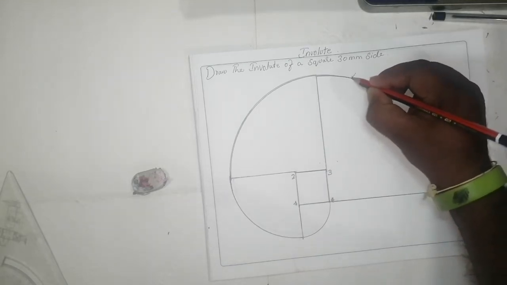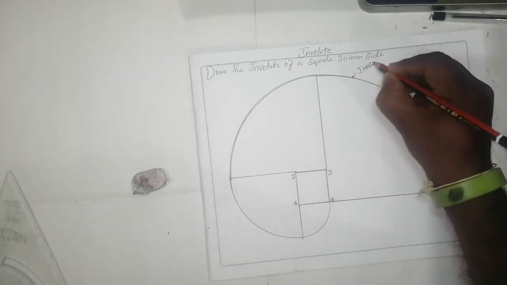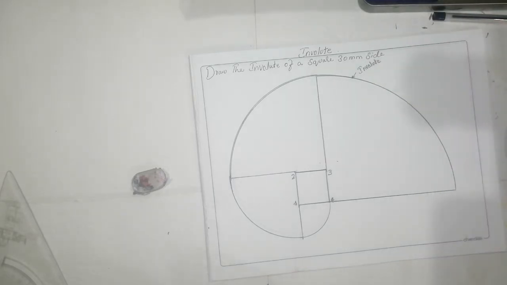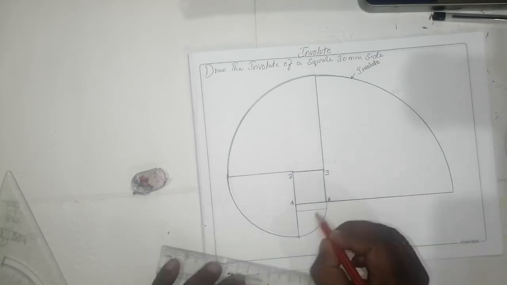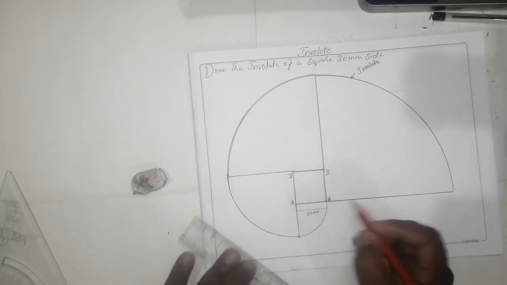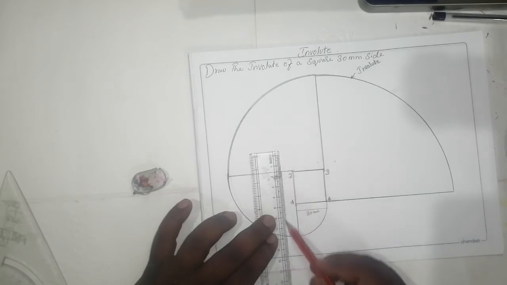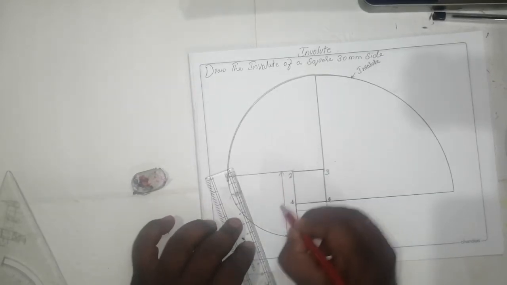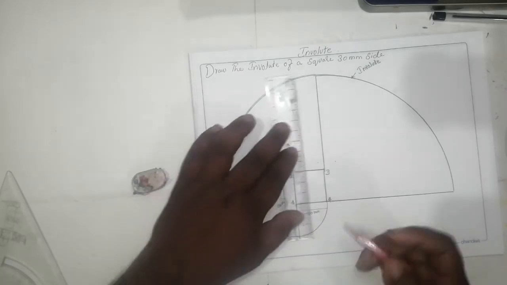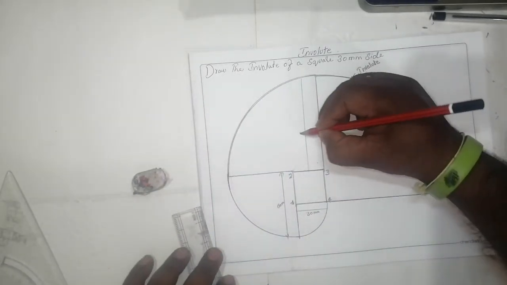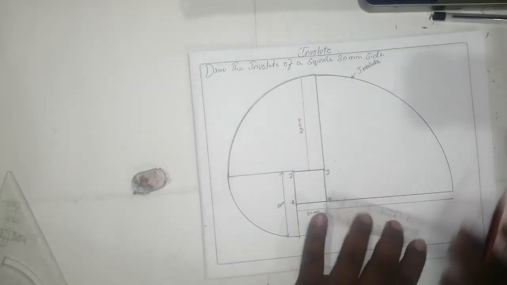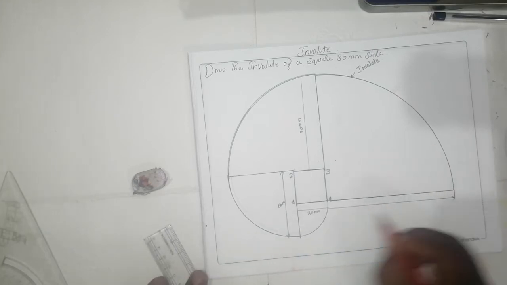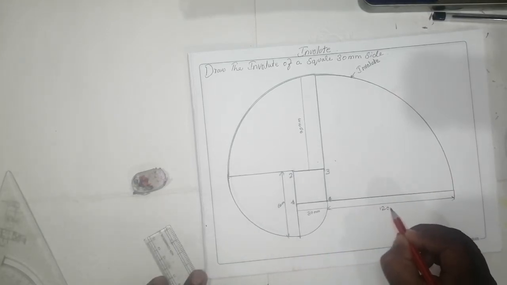This is called an involute. So this will be 30 mm, this will be 60 mm, this one will be 90 mm, and this will be 120 mm.